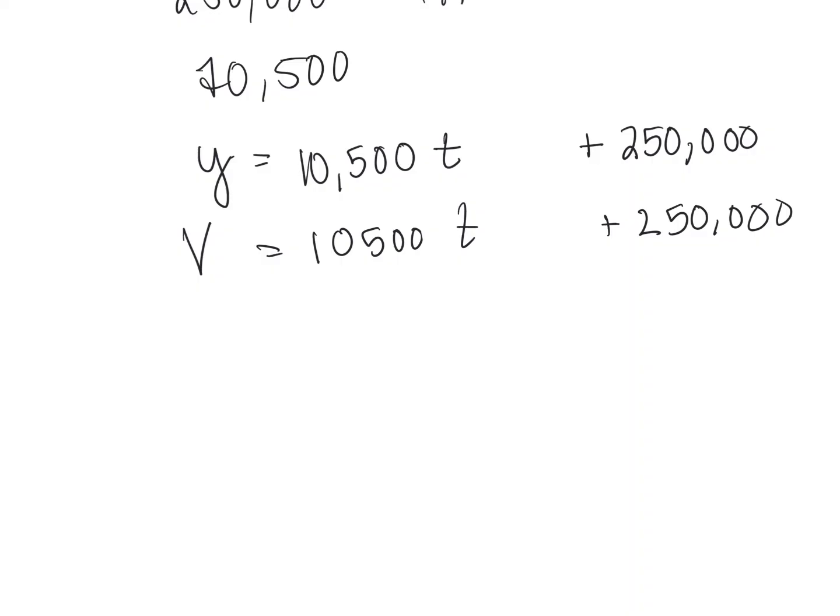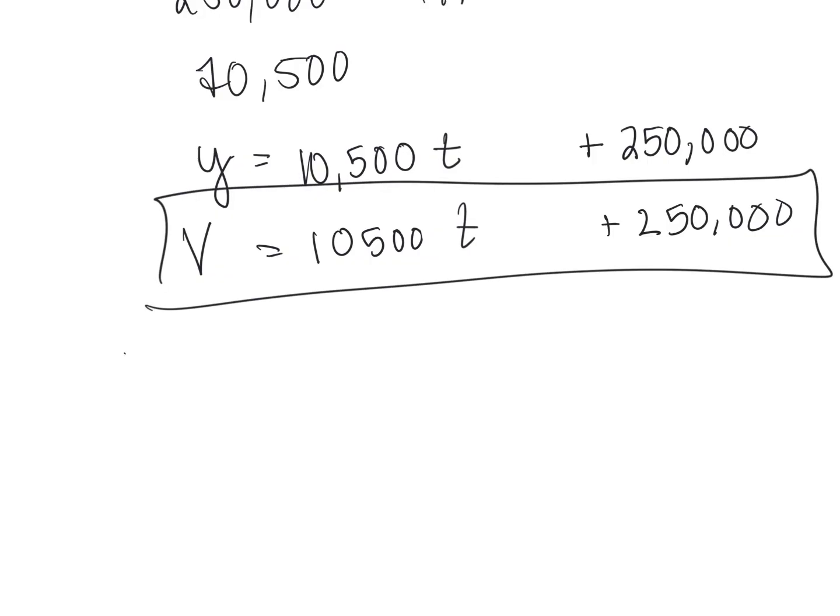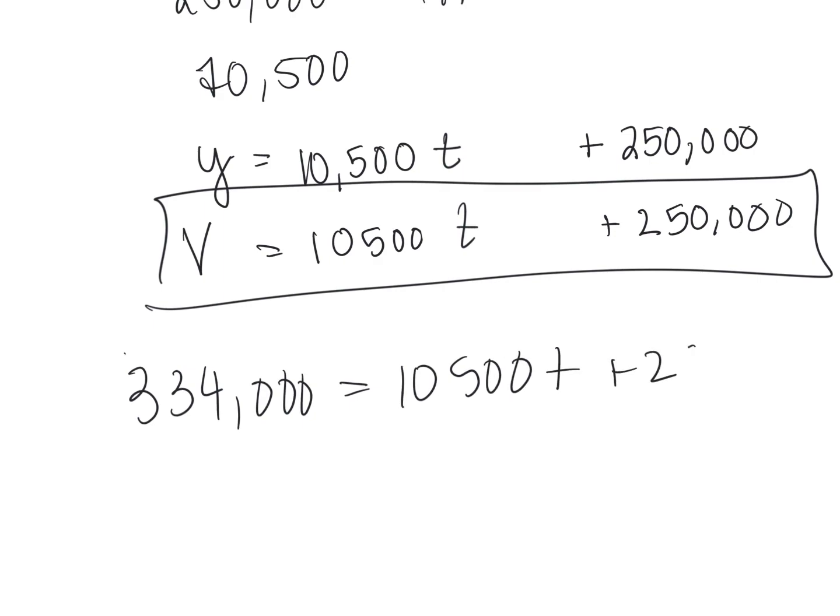So there's that, and that's our house as a linear function. Now let's solve for 334,000. I'm going to subtract the 250,000 from each side.